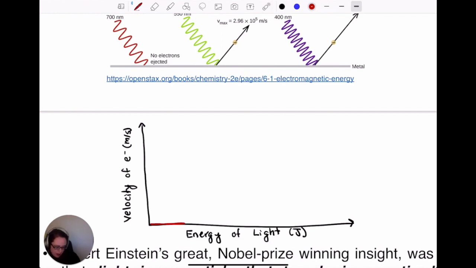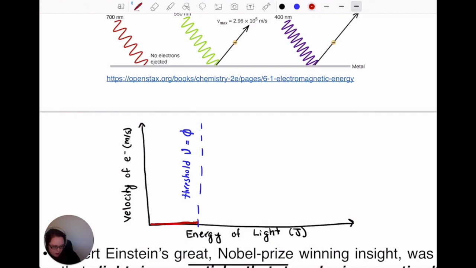Then we're going to hit what's called a threshold frequency or threshold energy, and that's sometimes abbreviated as a big theta.